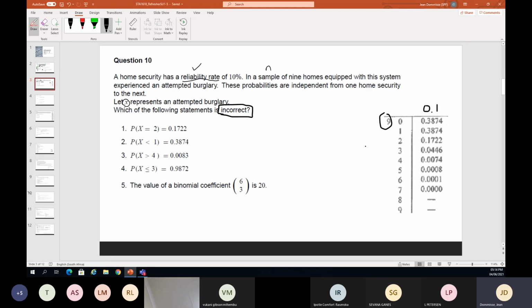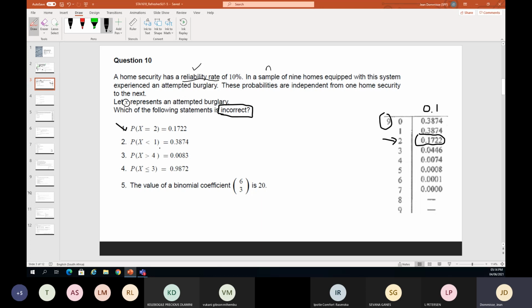X equal to 2 is exactly where it is 2, so X equal to 2 is 0.1722. Now if we were still in the mindset of looking for the correct one, we would have said correct and gone to the next question. But we are looking for the incorrect one, so it's correct, but we're not there yet.